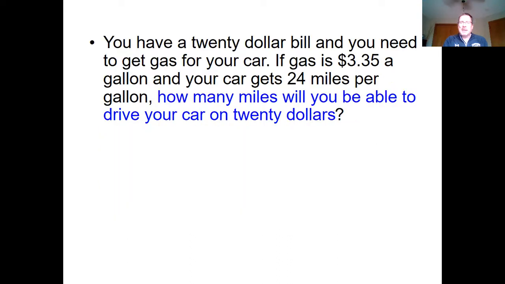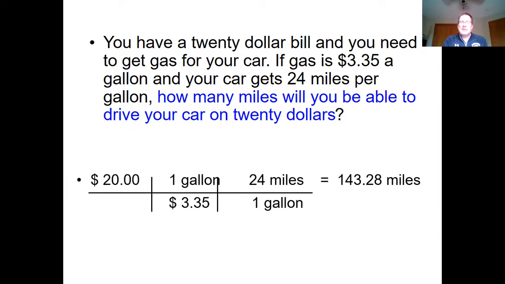So let's look at this problem again. I'm starting with my $20. I'm drawing my picket fence. I know initially I've got to get rid of dollars and get into gallons. So that's where I put 1 gallon is $3.35. But then I want those gallons into miles, at 24 miles per gallon. I've just done it all in one fell swoop.